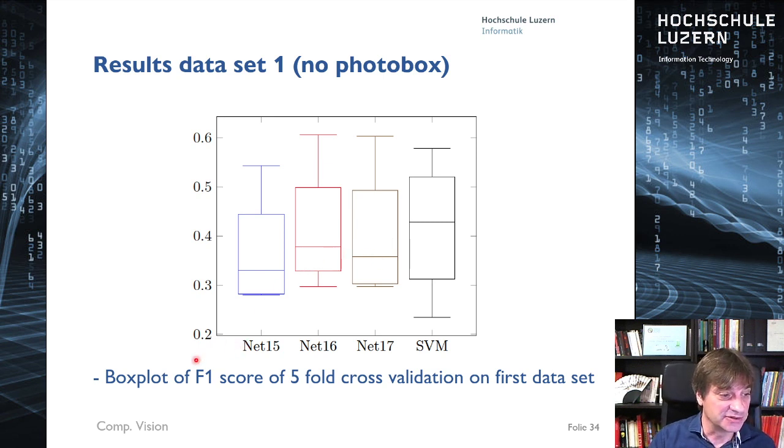We concentrated on the F1 score because we had such an imbalanced data set. There were some results that were better, but not really significantly better than the support vector machine. I also have to say that the master student who worked on the support vector machine worked almost a year on that data set, so he really had the best features for the support vector machine.